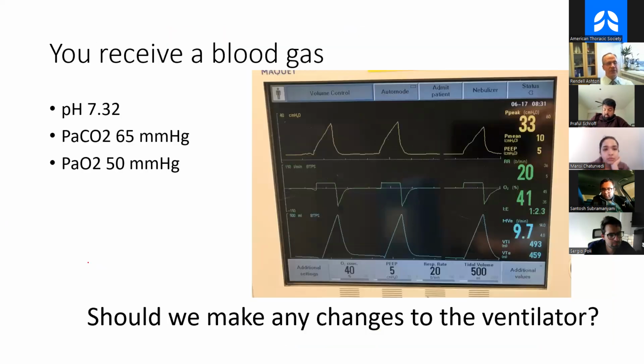So here's our patient paralyzed on the ventilator with COVID, pneumonia, and ARDS, and we get a blood gas, and the pH is 7.32, CO2 is 65, PaO2 of 50. Tell me if you're happy and tell me what you're happy about and what you might not be happy about.